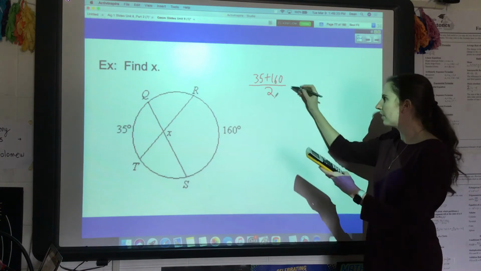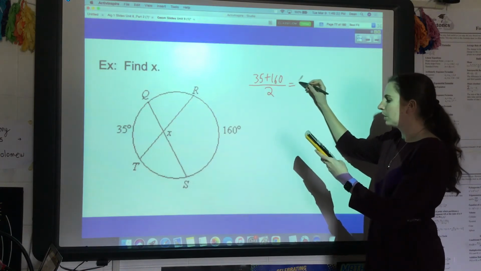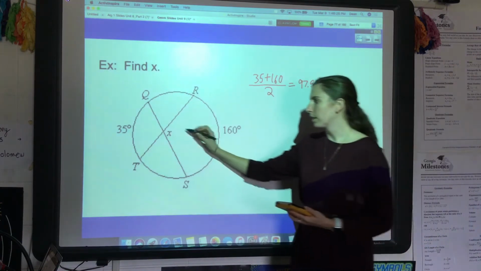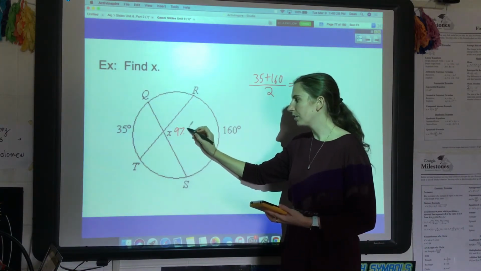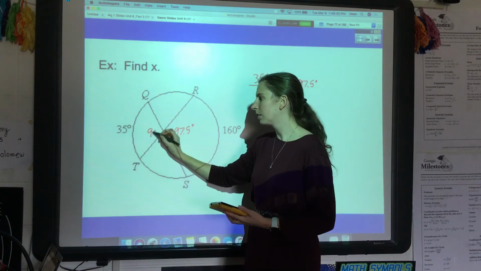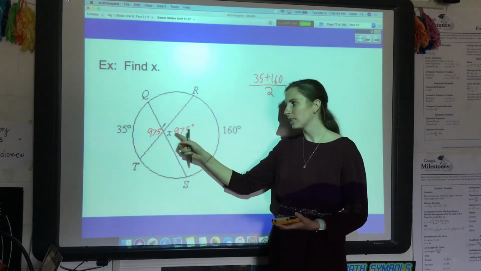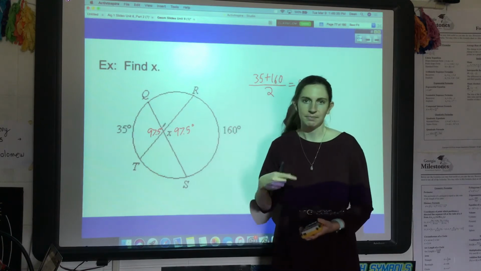So 195 divided by 2, which is 97.5. So that's what this is, 97.5. And this as well, because they're vertical angles, they have to be the same. Basically, it's like what's halfway between this and this.